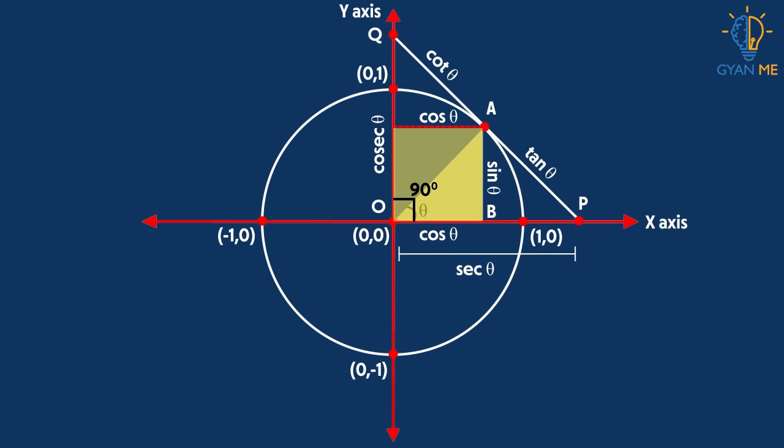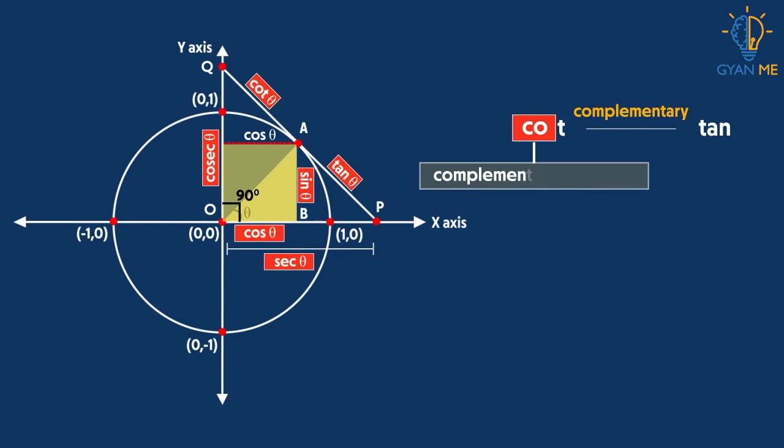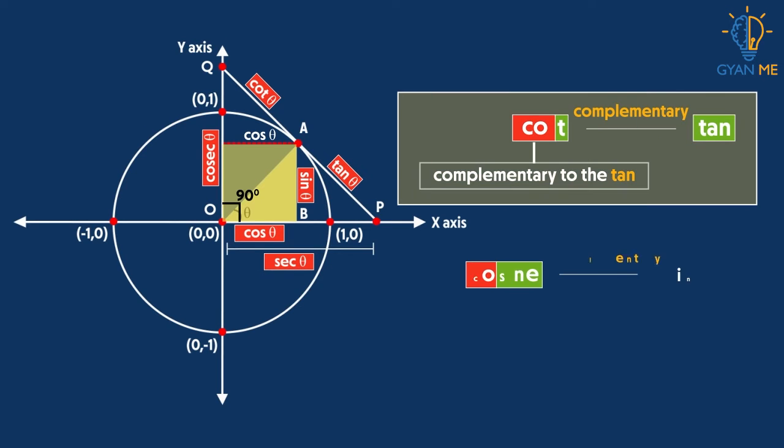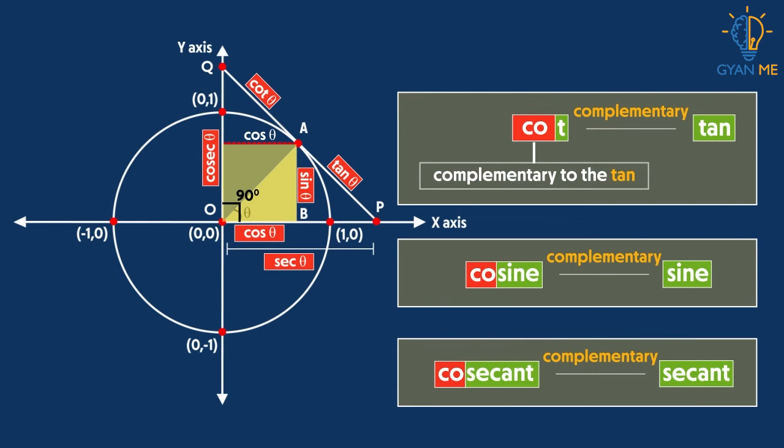And since x and y have 90 degrees between them, trigonometric ratios which cut x and y are also complementary to each other. The cot, after all, is complementary to tan, which is why we have this co, for complementary, in front of the tan. Similarly, cosine is complementary to sine and cosecant is complementary to secant.